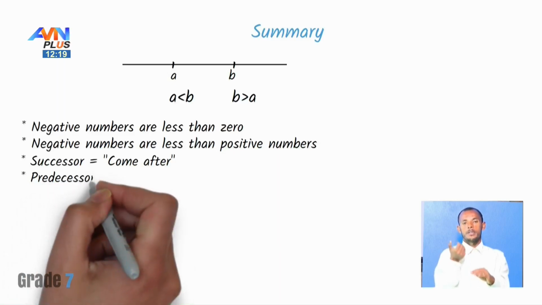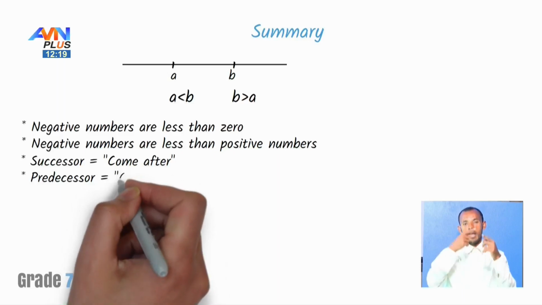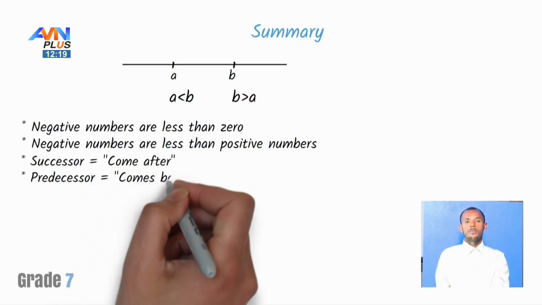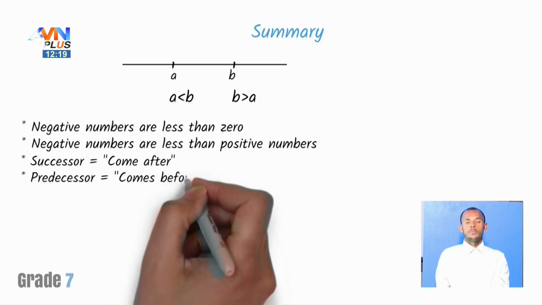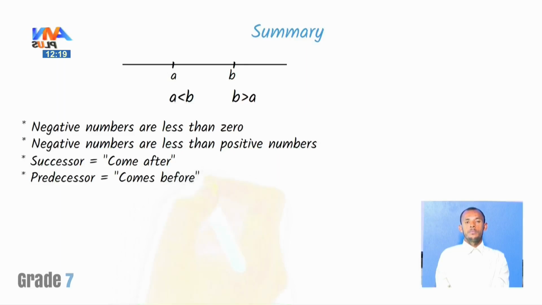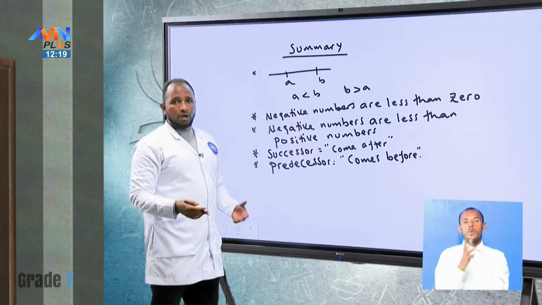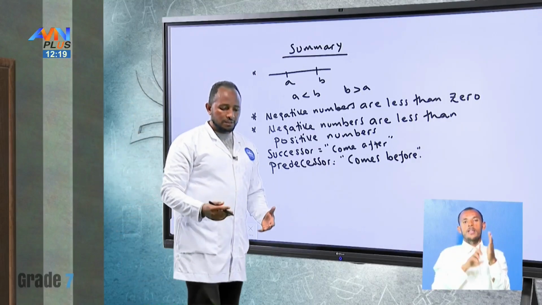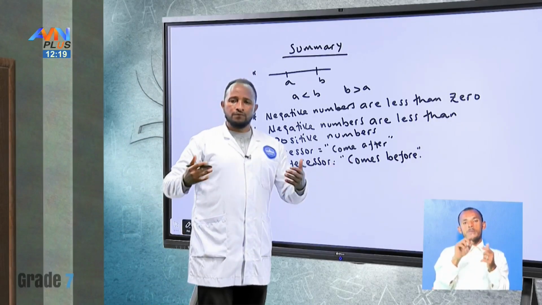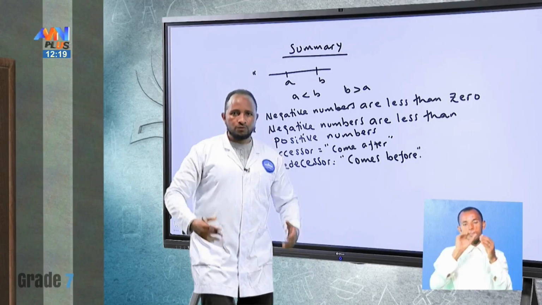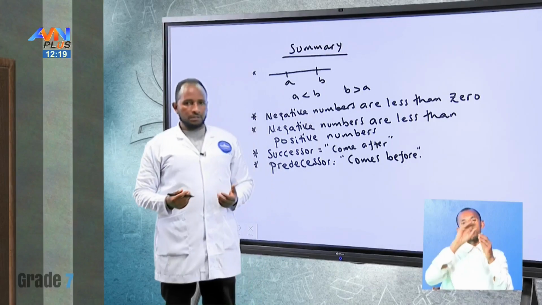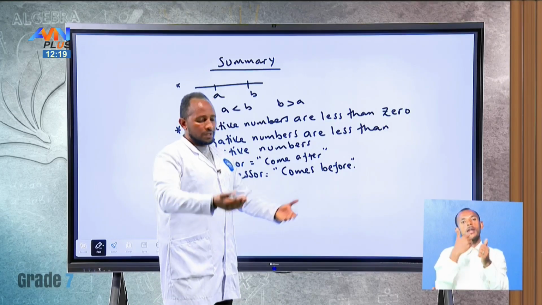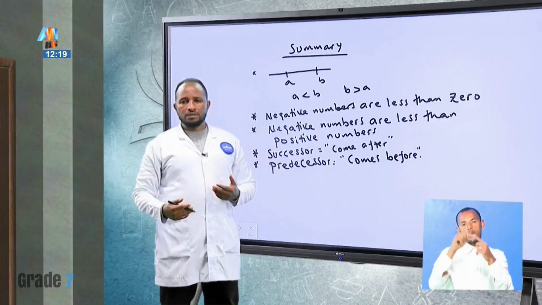Predecessor means comes before. And we have also seen how to arrange numbers in ascending and descending order. Ascending means arranging the numbers from the smallest to the largest, and descending order means arranging the numbers from the largest to the smallest. That's all.